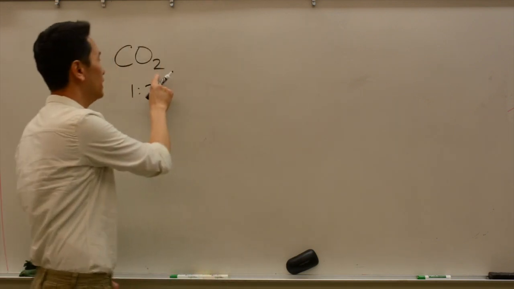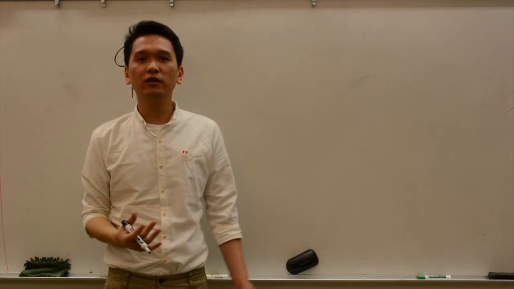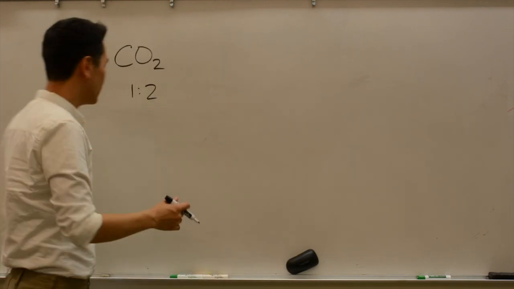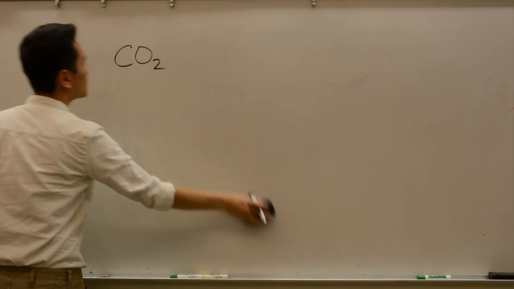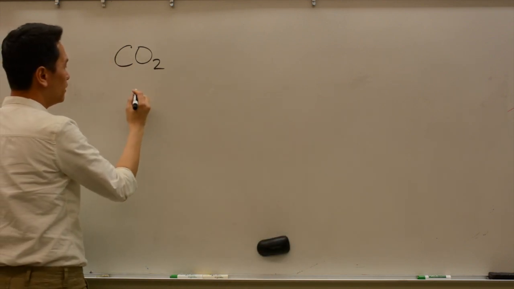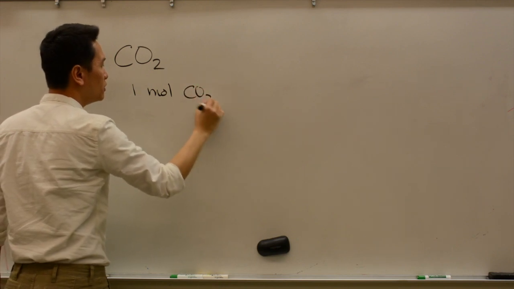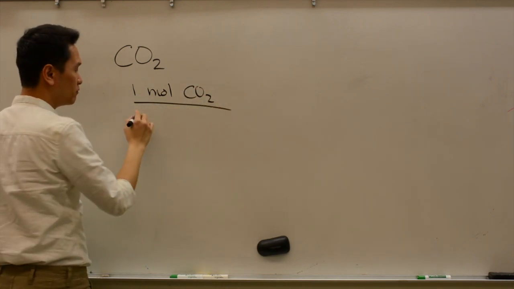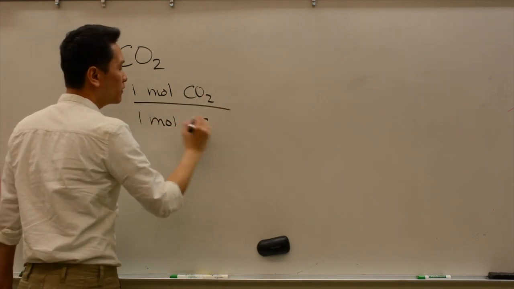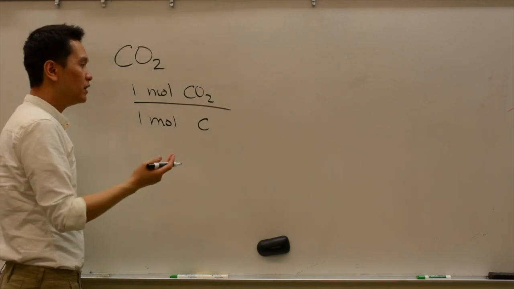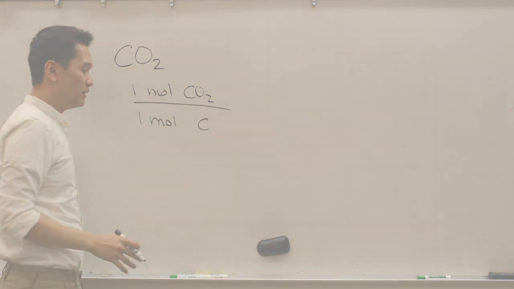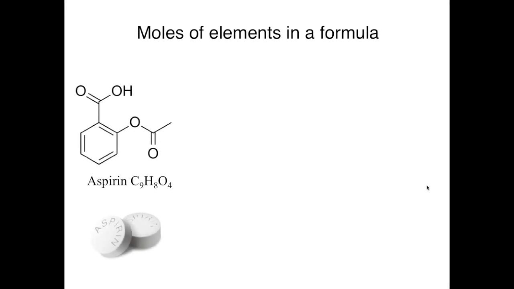So the subscripts in a molecule give us another conversion factor. And that conversion factor is, for example, in this one, for every 1 mole of CO2, we have 1 mole of carbon. Or the inverse, right?